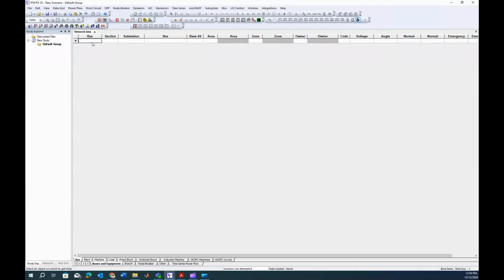So to see what will be filled by default, just go to that bus. You can see the buses and equipments option, and we are in bus. Go to bus, enter bus number 1, and then go to the next row.